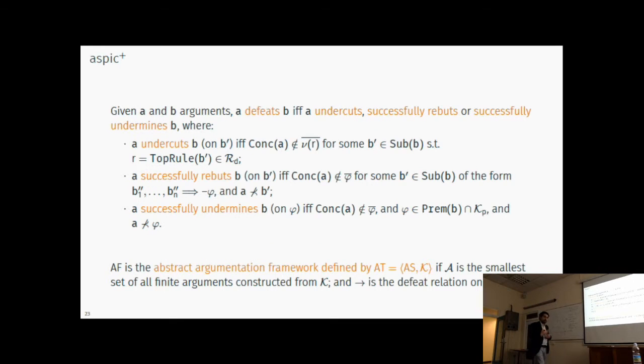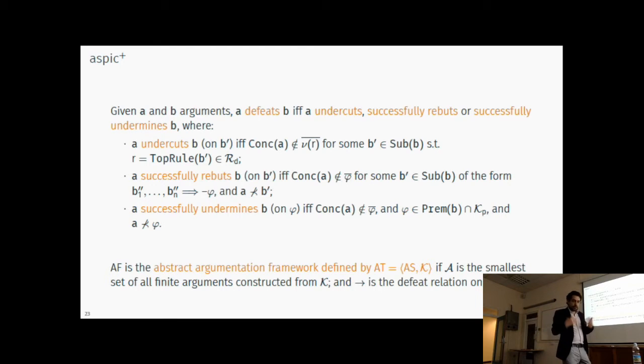So if a piece of information or a conclusion of an argument is negating the premise of another argument, then you have an undermining attack from one argument to another. If you have two arguments that have the same conclusion, one is the negation of the other, and they are clearly negating each other, then you have what we call a rebuttal.